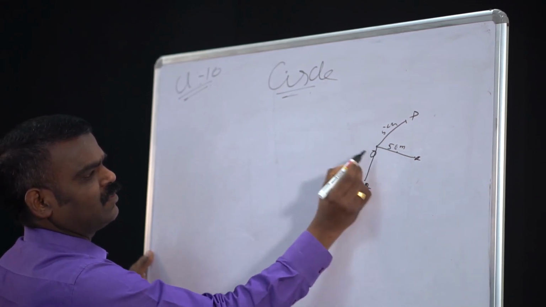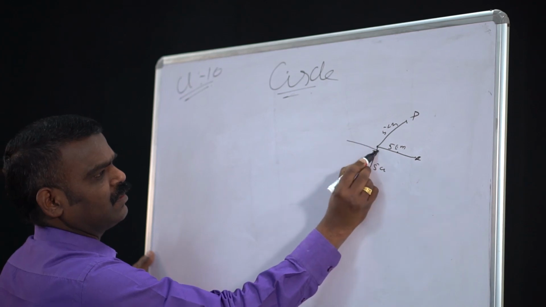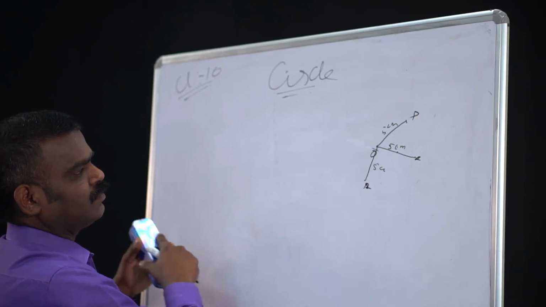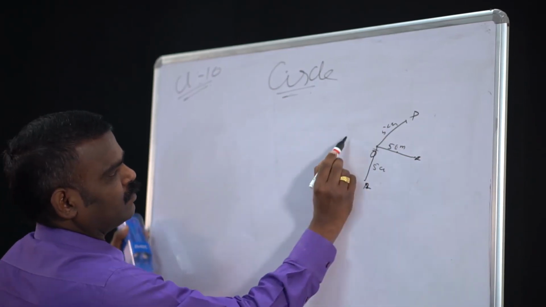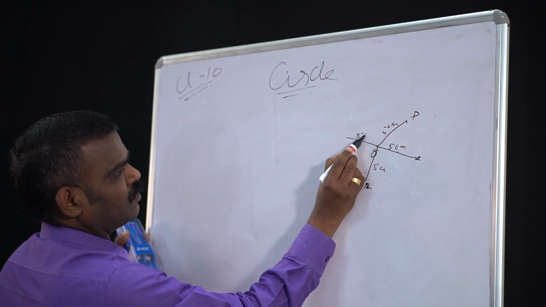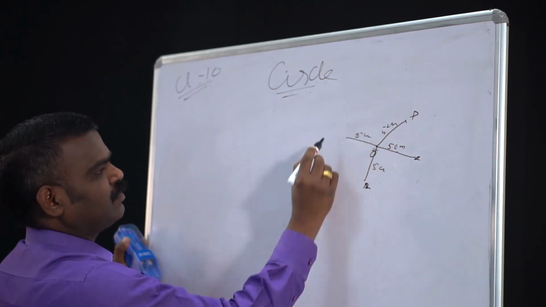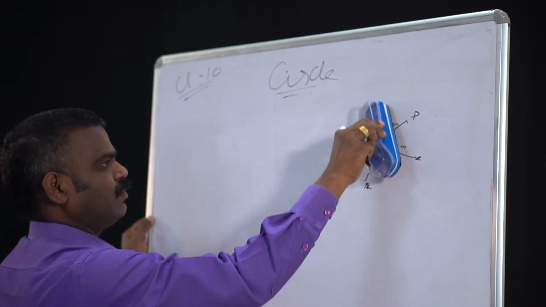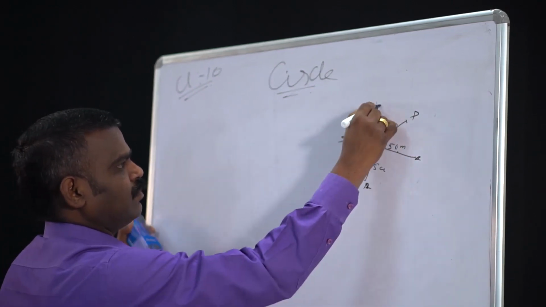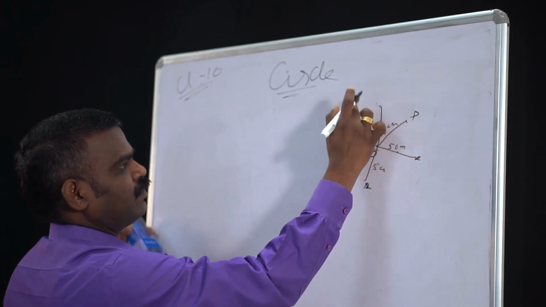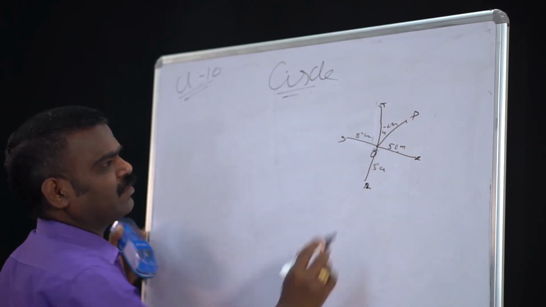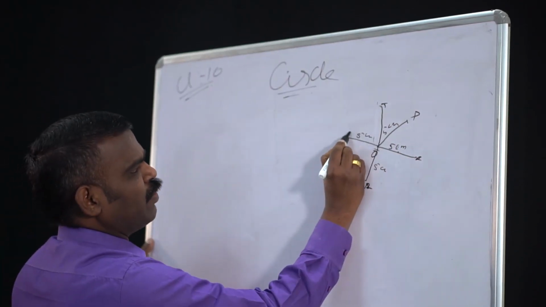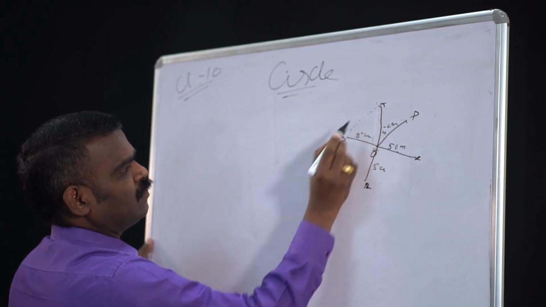R, this is also 5 centimeter. Like that you can put millions of points, all are points.